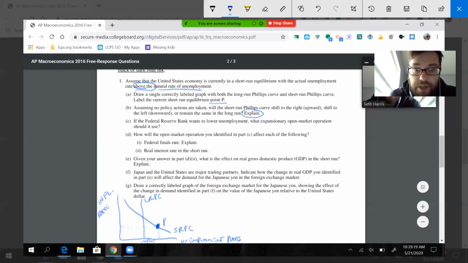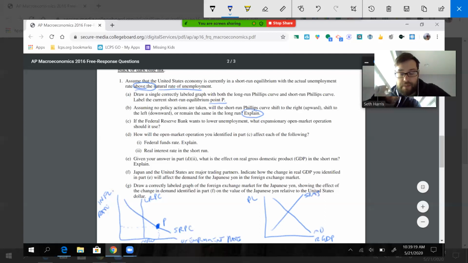So I'm going to go back, sketch out an ADAS model. You know, we've got price level, we've got real GDP. All right, so let's draw. So we've got short run aggregate supply and aggregate demand. All right, but we also need to draw an LRAS curve, right? So if we go back to our beginning, we're in short run equilibrium, but we've got actual unemployment rate above the natural rate of unemployment.